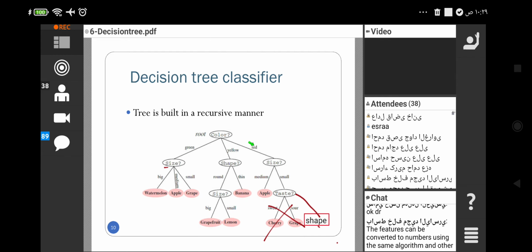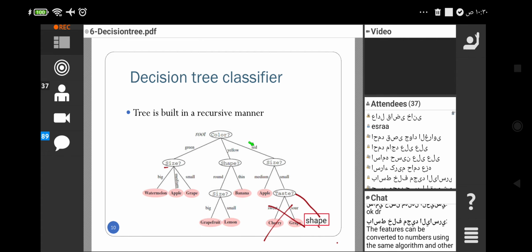So the number of values is limited. But if the feature is a number, the number of values is unlimited. Most of the data that use numbers are like this; they don't have a limited number of values.